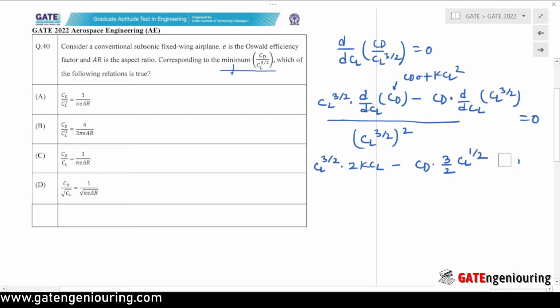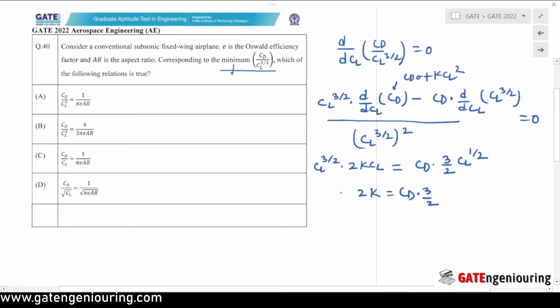Okay, so this is what we are having here. When we rewrite this, CL power 3 by 2 and CL power 1, so 3 by 2 plus 1 is 5 by 2. So CL power 5 by 2 into 2K is equal to CD into 3 by 2 into CL power 1 by 2. If I take this CL power 1 by 2 to the other side, 5 by 2 minus 1 by 2 is how much?